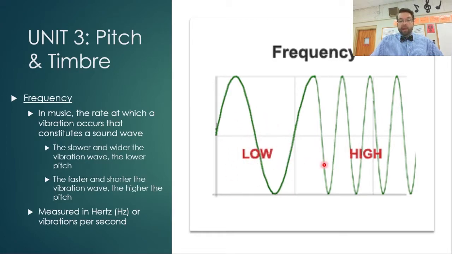The faster and shorter the vibration wave is, the higher the frequency, the higher the pitch. Okay, we measure frequency in hertz, H-E-R-T-Z, or shorthand capital H, lowercase z, which is vibrations per second. So this would be a low hertz frequency. This would be a high hertz frequency.